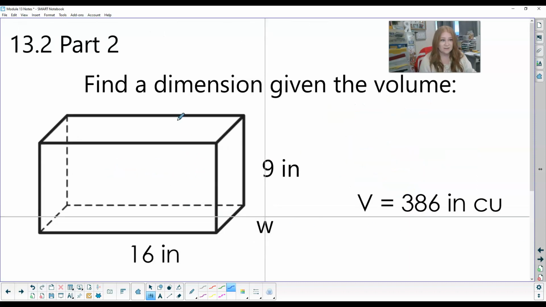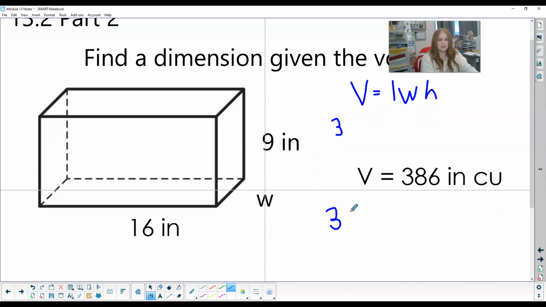Okay, so what if it gives us the volume and we're working backwards? We know the formula for volume is length times width times height. Let's plug in what we know. The volume is 386. The length is 16, we don't know the width, times 9.